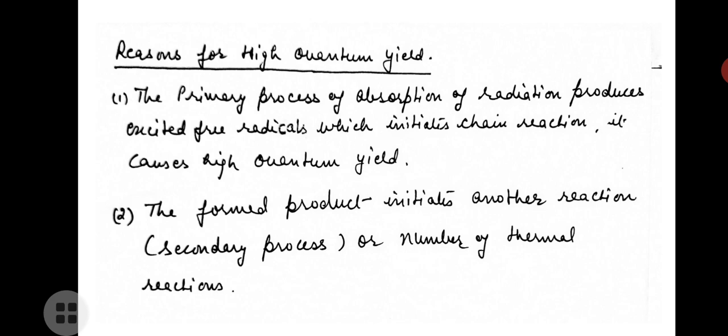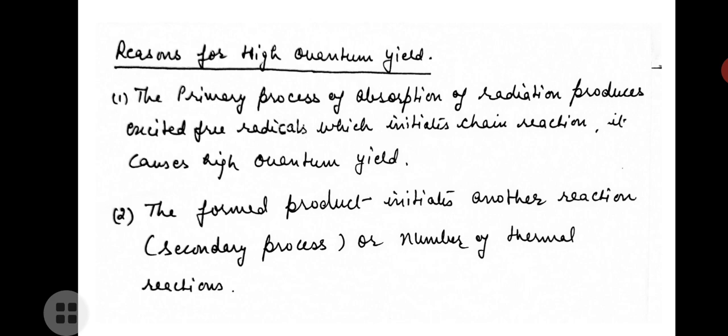That is, with the formation of excited free radicals in the primary process, they undergo secondary process. Each secondary process again regenerates excited free radicals. This process continues until it is checked.